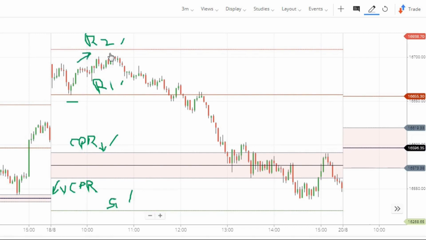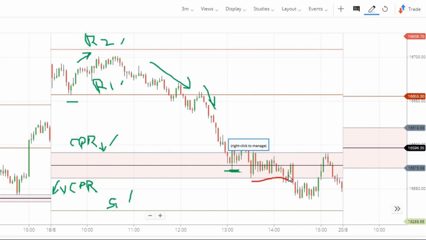However, there was a strong resistance the market faced on R2 and it started coming down and managed to give a breakout. The CPR gave a strong support to the market, and it kept it till here, and then it came down.